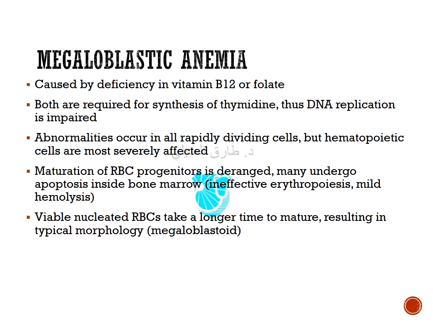Nucleus تبعتها is still immature, not like the normal one. So this is why the cells appear larger in size, سواء ال RBC or the white blood cells وحتى ال epithelium, because they take a long time until they are mature.